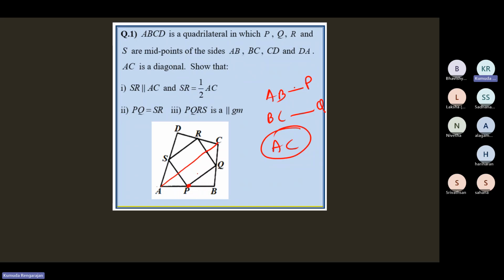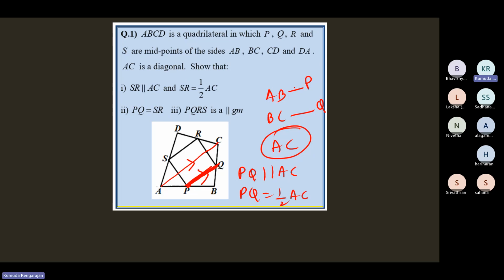So the line segment joining the midpoints, PQ, is parallel to the third side AC and equal to half the length of the third side AC. So the result by the midpoint theorem is that PQ is parallel to AC and PQ is equal to half of AC.